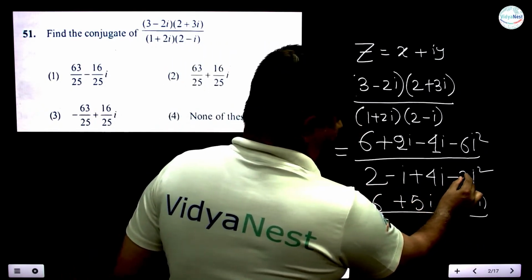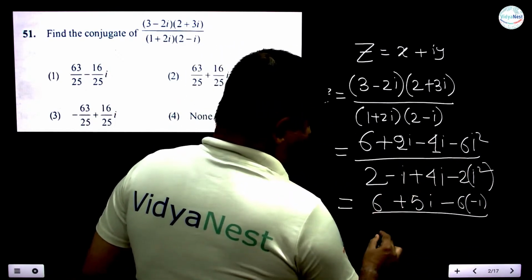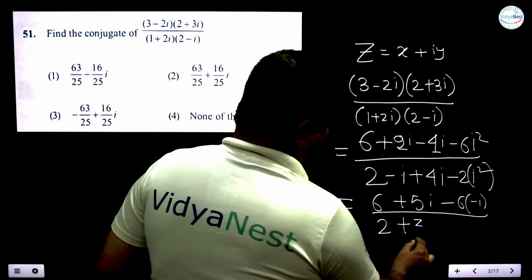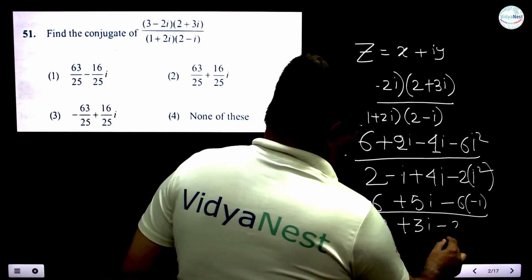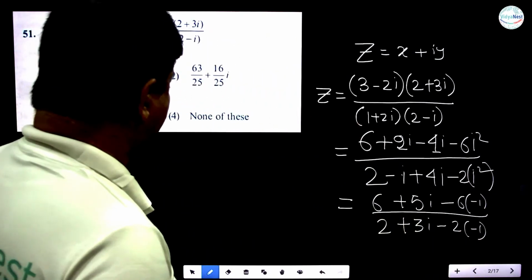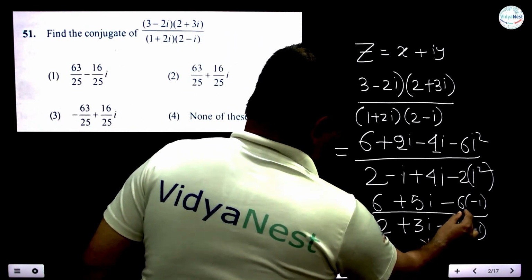Here also, the same will be followed. Minus i plus 4i, 3i, 2 of minus 1. See, that is 12.